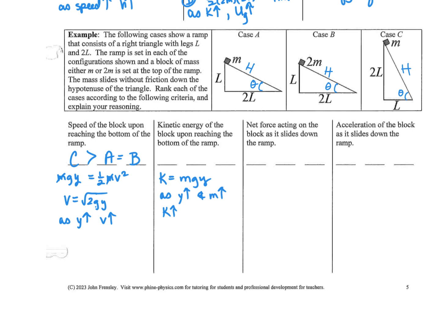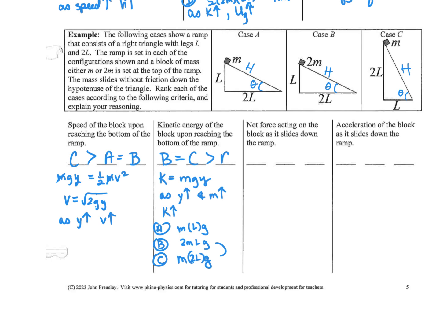So we have to check because we don't know. For A, we have m and L. For B, we have 2m and L. And for C, we have m, 2L, and g. So for me, it seems like these two are the same. So we know that B and C are equal, but they are greater than A.